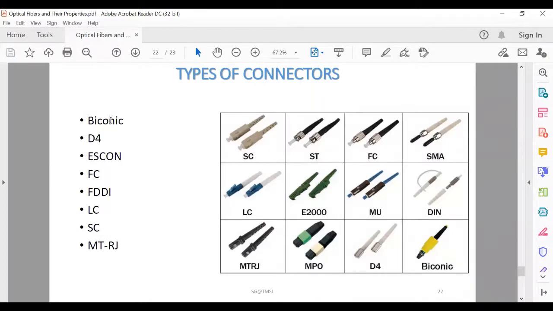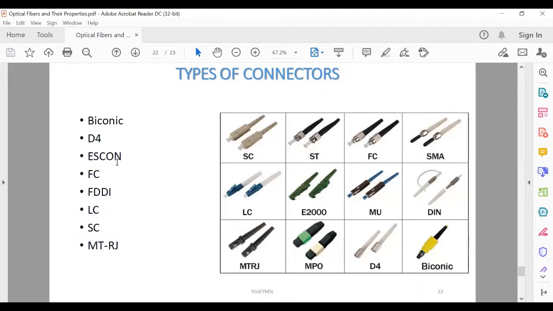So basically, biconic connectors use precision tapered ends to have low insertion loss. And D4 connectors have a keyed body that is very easy for intermediate. Okay, and ISCON.